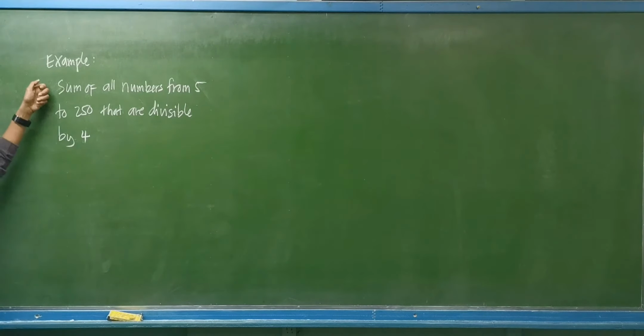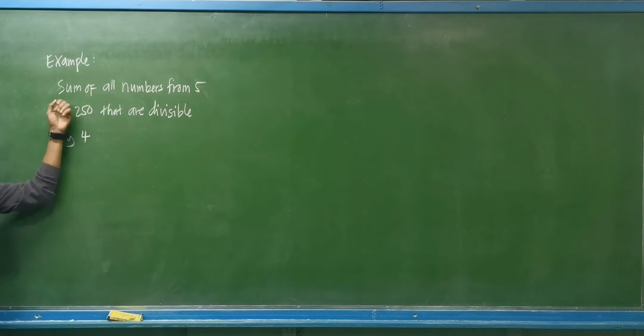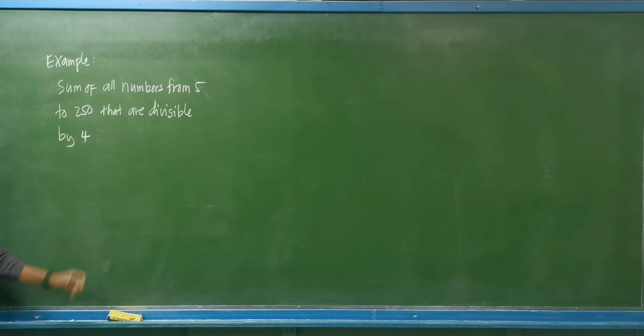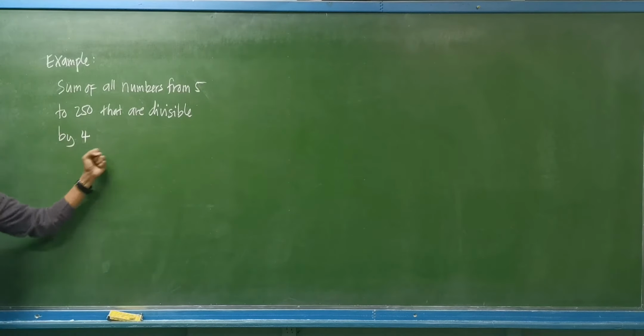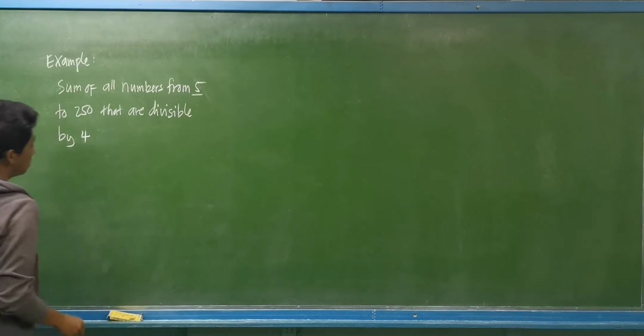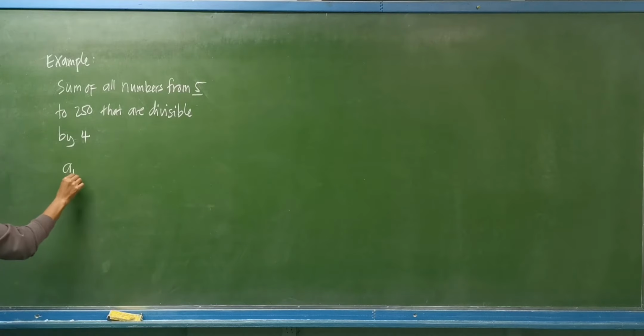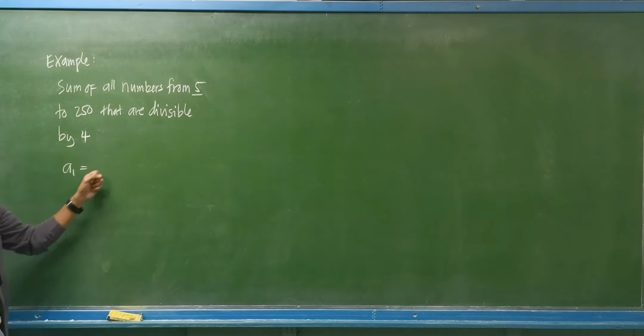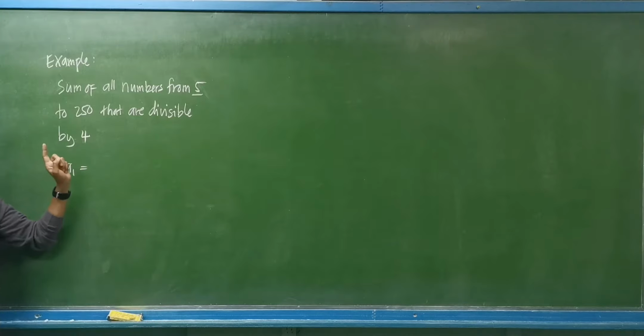We are required to determine the sum of all numbers from 5 to 250 that are divisible by 4. Since our lower limit is 5, what will be our first term? That will be the first number after 5 which is divisible by 4, obviously 8.